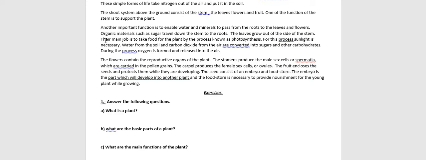Their main job is to take food for the plant by the process known as photosynthesis. For this process, sunlight is necessary. Water from the soil and carbon dioxide from the air are converted into sugars and other carbohydrates. During the process, oxygen is formed and released into the air.